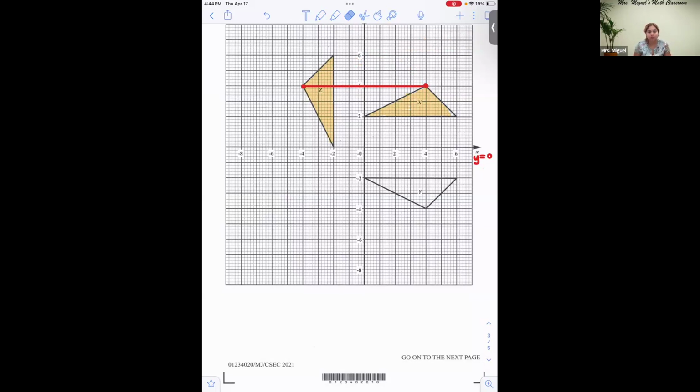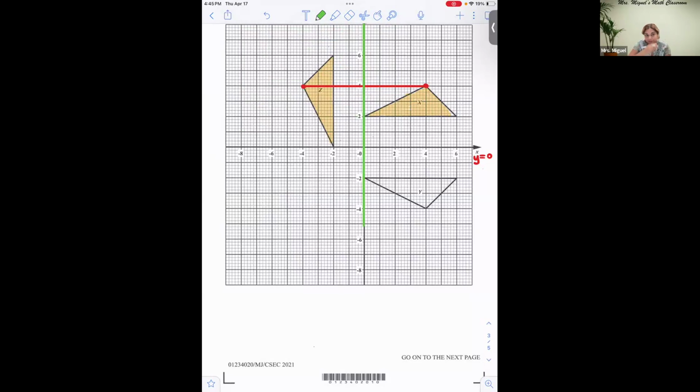So that is 1 line. I want you to find the middle of that line. Right? So the middle of that line should give you this new line here. So that is one line.